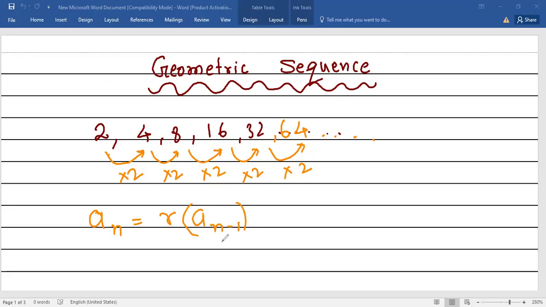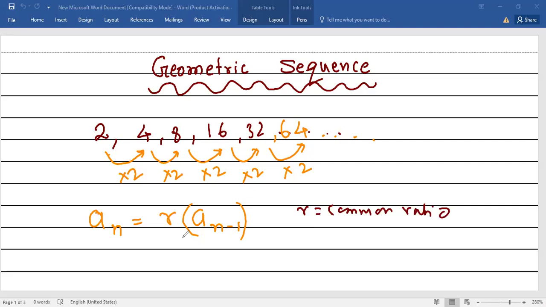So if a(n-1) is the previous term, then we will obtain the next term by multiplying one constant to it. This constant is called common ratio. It is called simply common ratio.